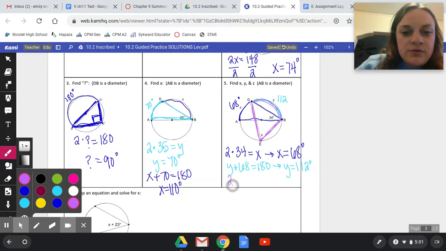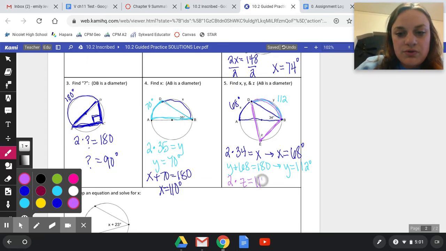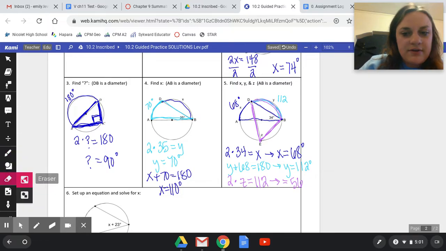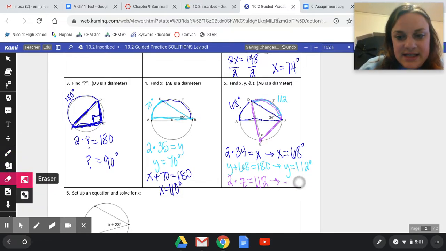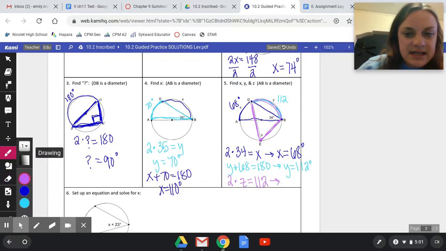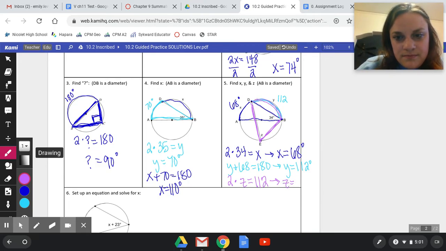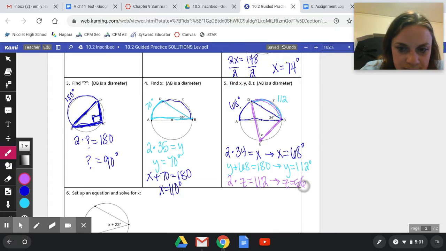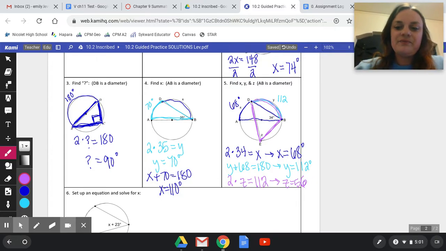So 2 times Z, which is my inscribed angle, equals 112. 112 divided by 2 is 56. Oops, I forgot to write Z equals 56. Z is equal to 56. Lovely. All right. There it is. So there we go.